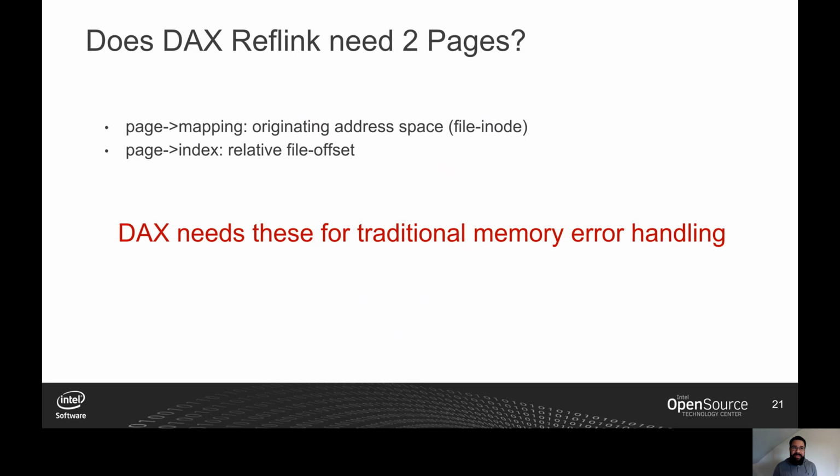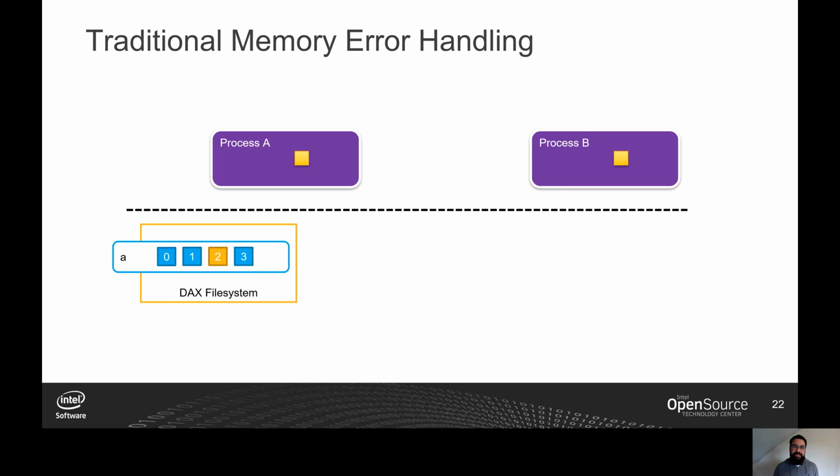The problem is DAX uses the mapping and the index for what I'm calling traditional memory error handling. So what is that? Let's consider this scenario.